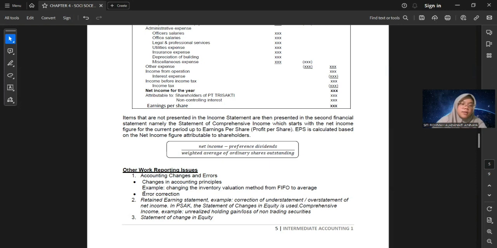And then there are also error corrections and retained earnings statements, for example, correction of understatement or overstatement of net income in PSAK. The statement of change in equity is used for comprehensive income, for example, unrealized holding gain or loss of non-trading securities.